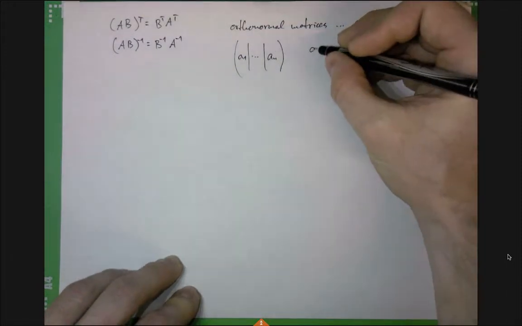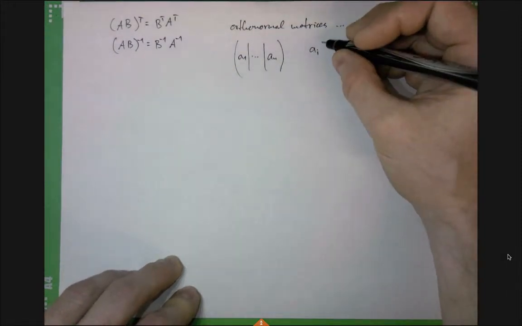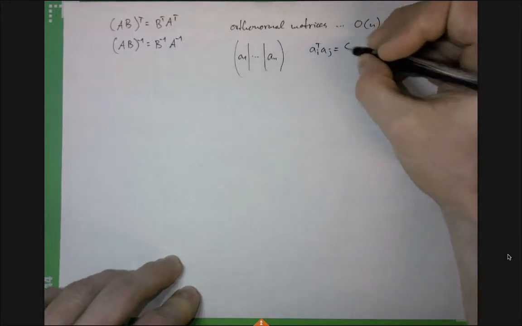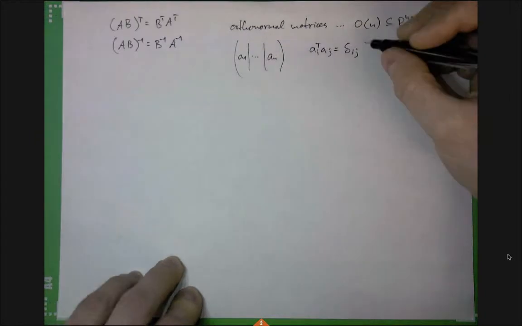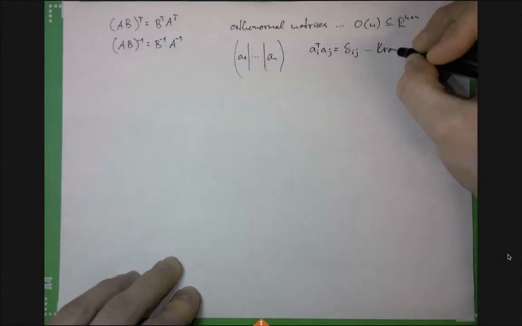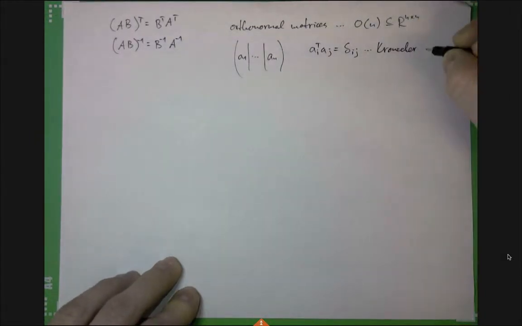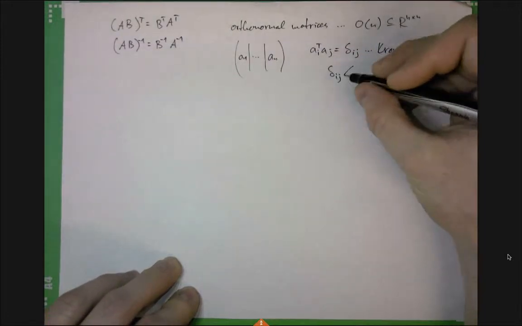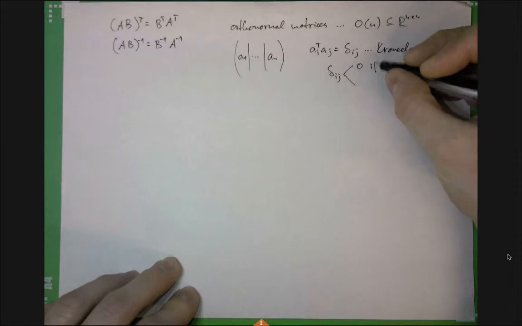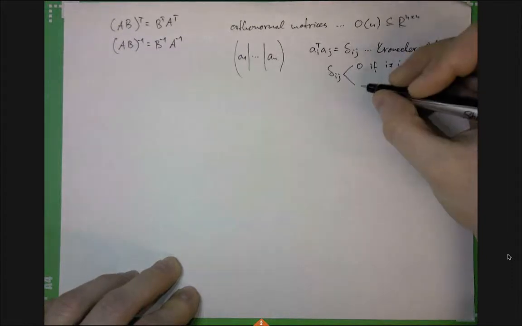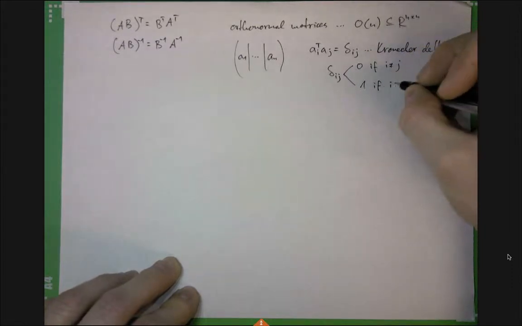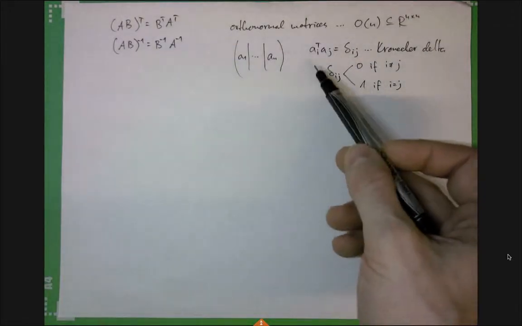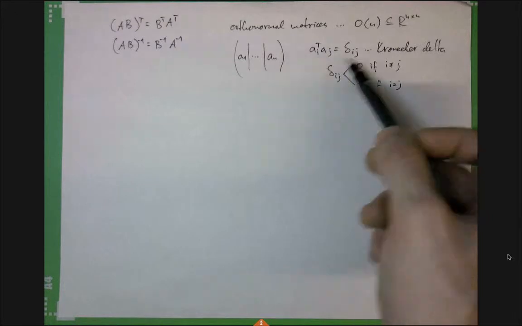So I can write it succinctly like this: a_i^T a_j = delta_ij. Do you know this notation, delta ij, the Kronecker delta? The delta ij simply means that it's 0 if i is different from j, and it's 1 if i is equal to j. So this is just a fancy way of writing that if i and j are the same, then it has to be 1.